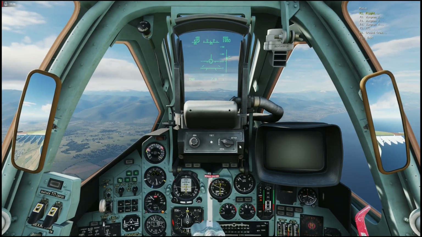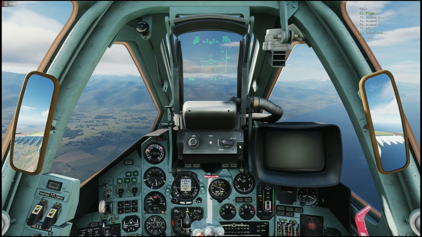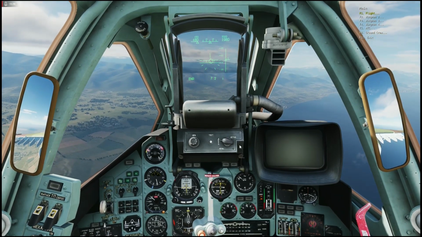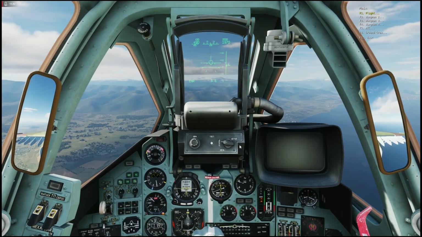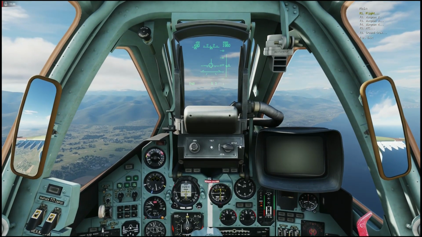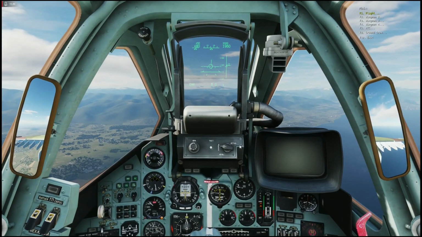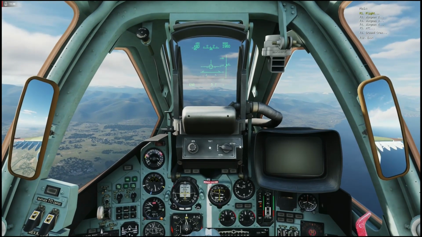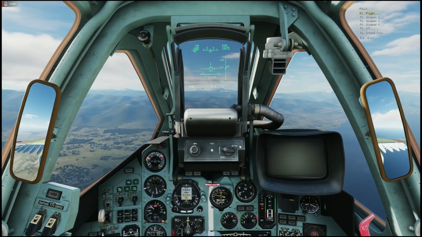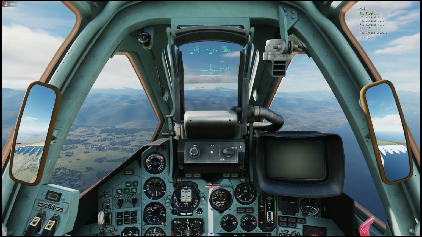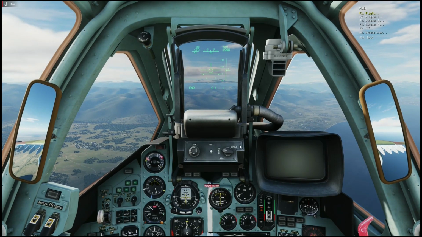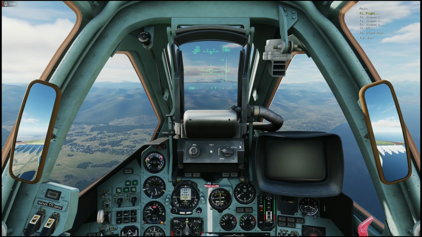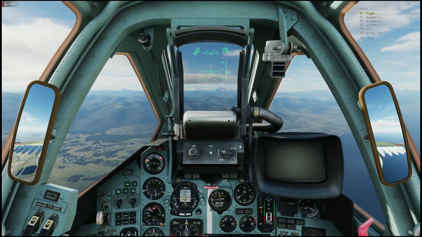I need to climb a bit, descend a bit. Now I'm pretty close to my desired altitude. I will just look at the desired altitude instead, because the circle is very precise, and I need to slow down a bit so I don't arrive too early.